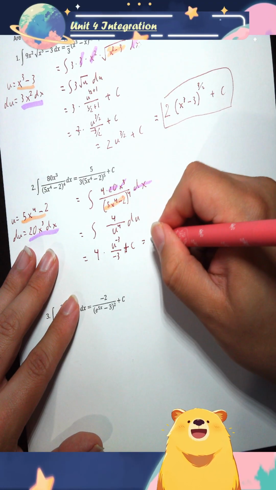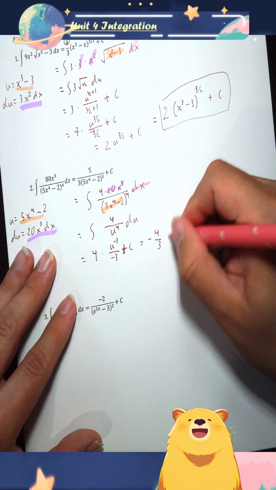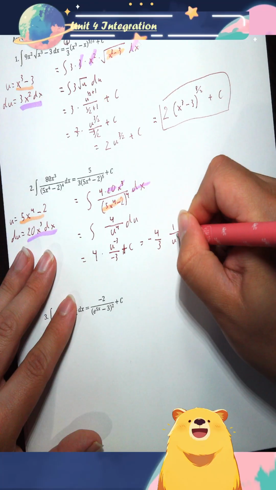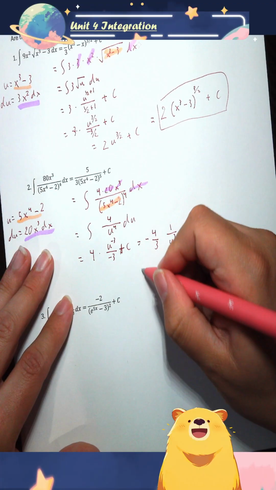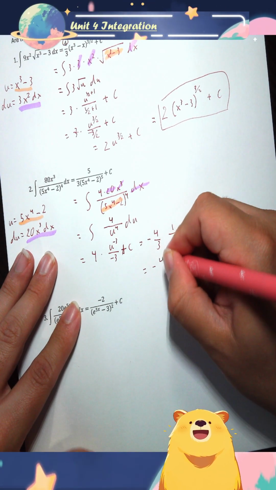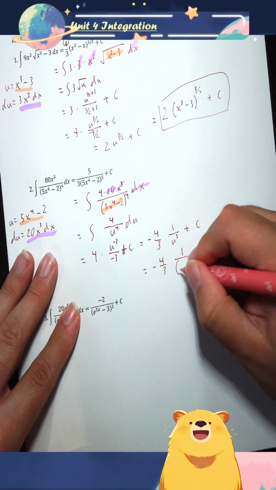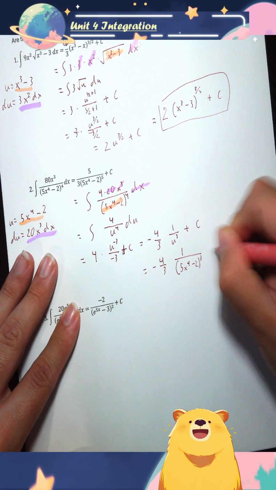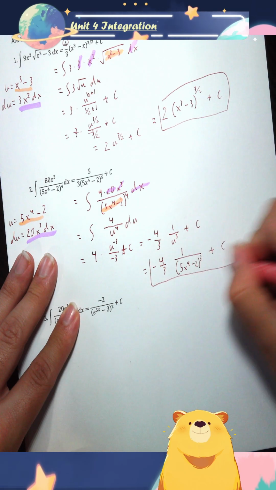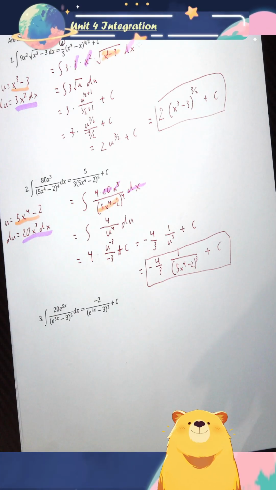That would simply be negative 4 over 3, and then 1 over u to the power of 3 plus c. The last step is just to plug it all in. So negative 4 over 3, 1 over, in parentheses, 5x^4 minus 2 to the power of 3 plus c. And that's your answer. Does that match?